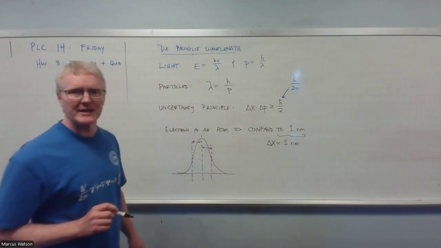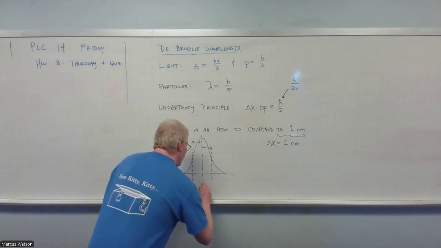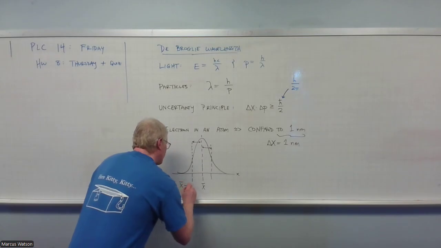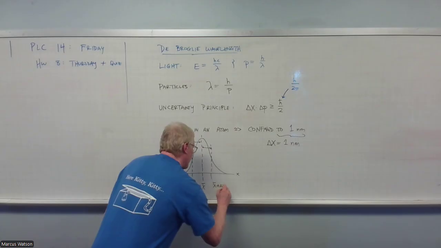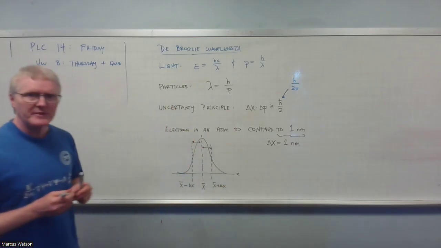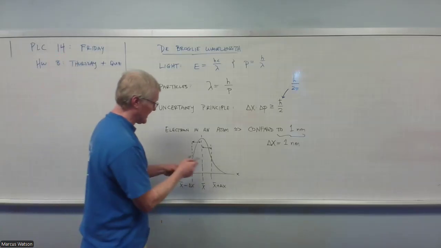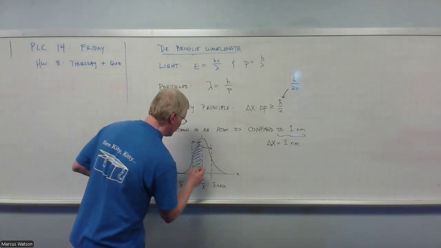Those are both one standard deviation wide, and so I would call this the mean, call it maybe x bar, this is position, and this is x bar minus a delta x, and this over here is x bar plus a delta x. And so delta x is acting as the standard deviation. So we're fairly certain it lies somewhere within here.